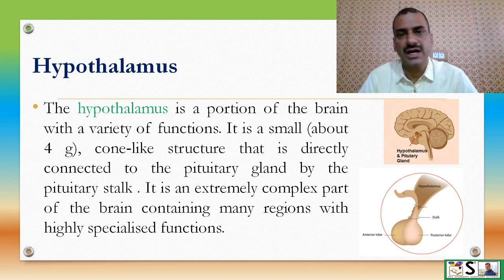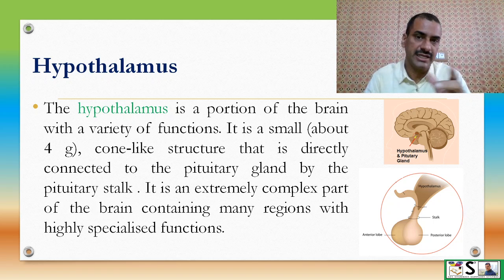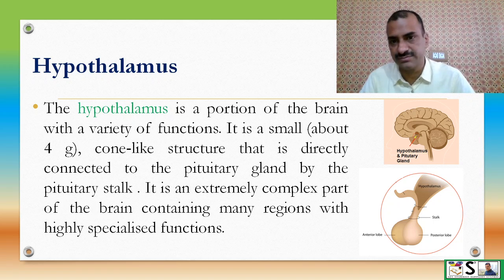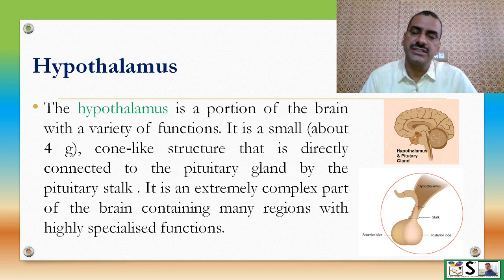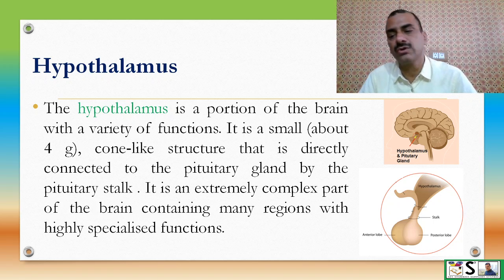So first is the hypothalamus. Actually, the hypothalamus is a part of the brain, or we can say it is the connector between the brain and our endocrine system. It has a variety of functions. It is very small, approximately 4 grams in weight, and a cone-like structure that is directly connected to the pituitary gland by the pituitary stalk.